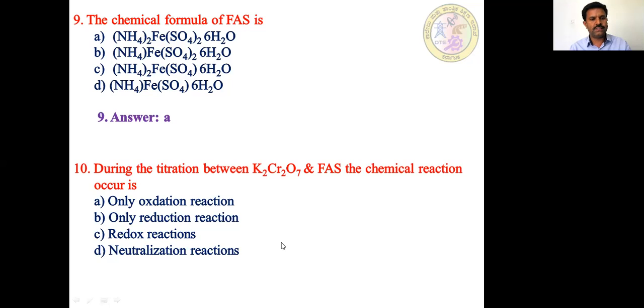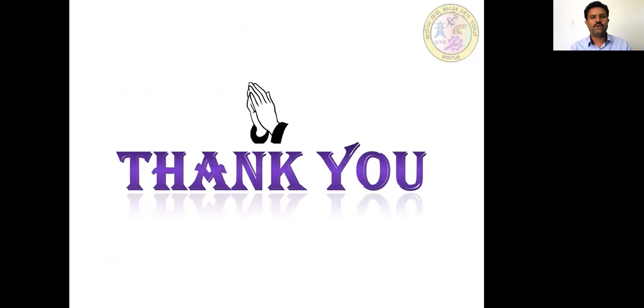As we discussed, during the titration between K2Cr2O7 and FAS, one is an oxidizing agent and the other is a reducing agent. The reaction between an oxidizing agent and a reducing agent is a simultaneous redox reaction, both oxidation as well as reduction. Hence the right answer is option C, redox reactions. Thank you.